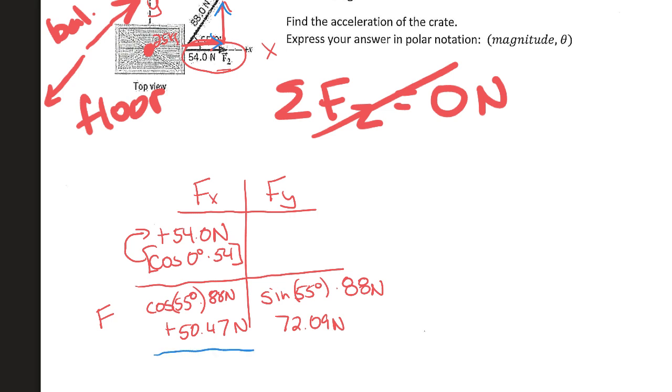Now here's the first time we've encountered this. Neither the x's nor the y's add up to 0. So the x's add up to 54 plus 50.47, or 104.47 newtons. What I just did is a sum of my forces in the x. And the sum of the forces in my y is 72.09.